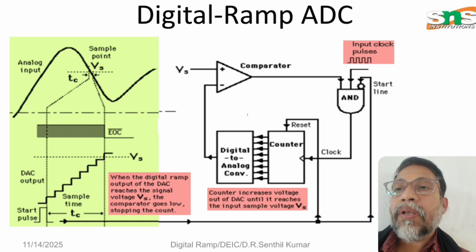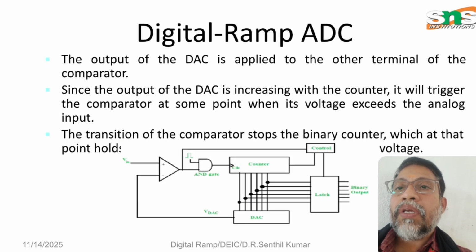For our example, if it is 7 pulses, the comparator stops at either 7 or 8, such that our sample signal Vs is in between 7 and 8.